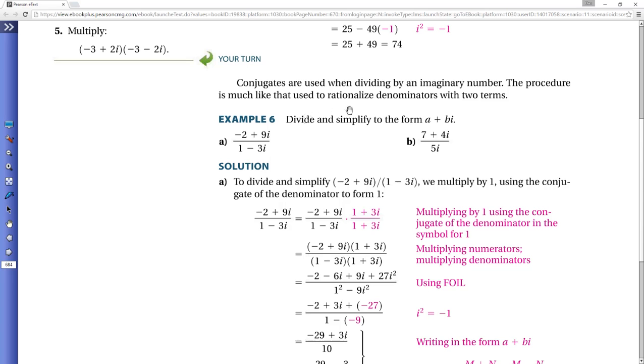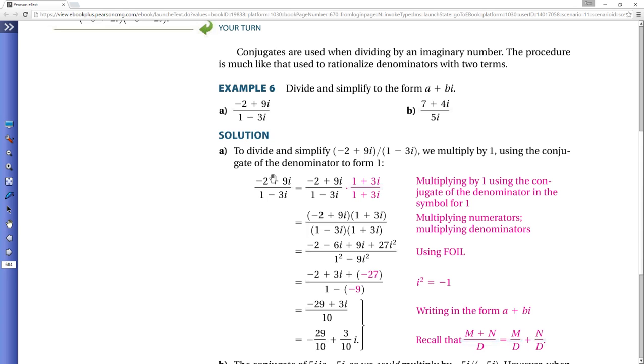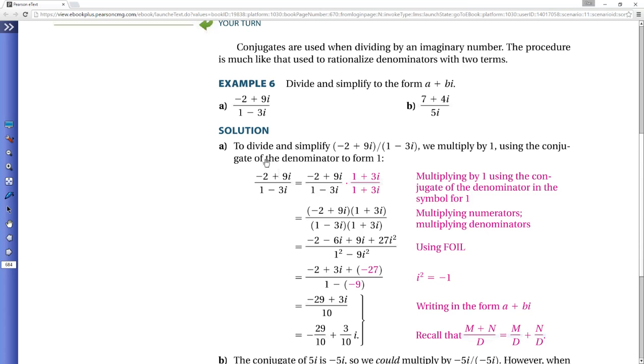So conjugates can be used when dividing by imaginary numbers too. If we divide and simplify to the complex number a plus bi form, let's look at example A, negative 2 plus 9i divided by 1 minus 3i.